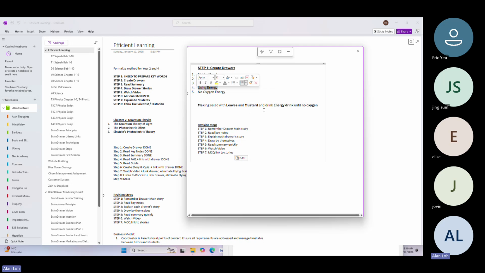Using energy, so you eat the salad and also you drink an energy drink. You know what an energy drink is, right? Like Red Bull and those types of drinks that give you more energy. And if you remember, this energy drink is talking about respiration. You have the respiration called aerobic respiration that uses oxygen.